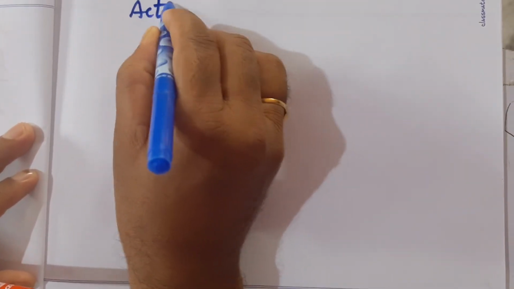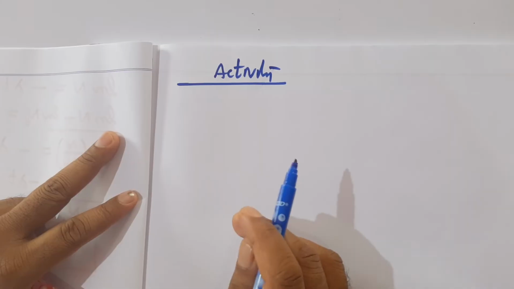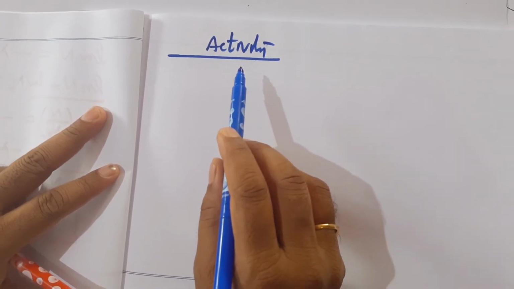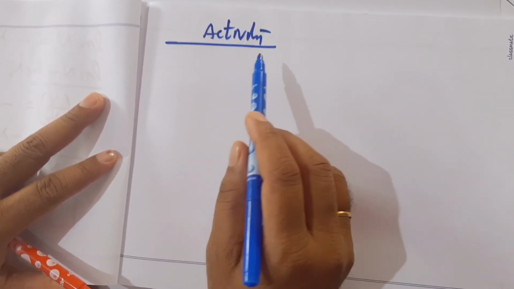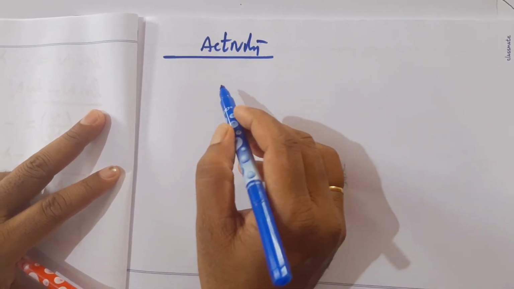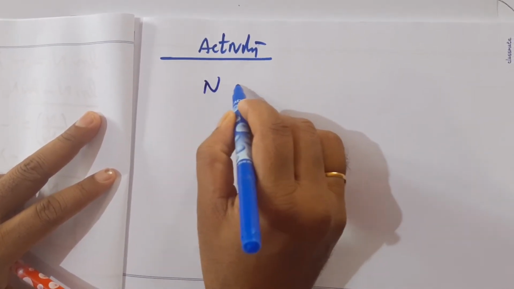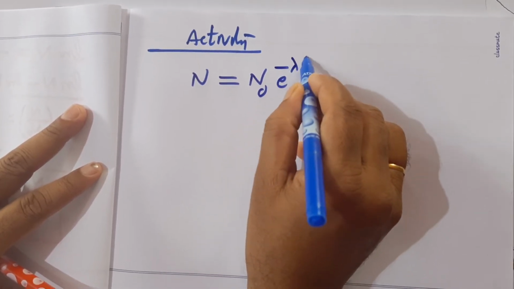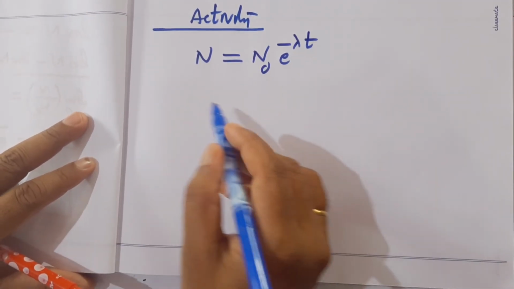The next concept is activity. What is meant by activity? Take the exponential law of radioactive decay that we derived, N equals N0 e power minus lambda t.